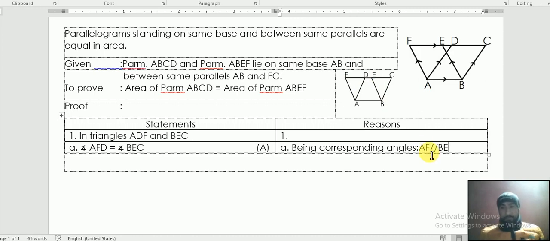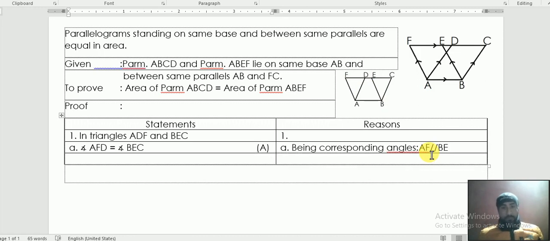Now let's move on to statement 2. Take another pair of lines, AD and BC. They are also parallel to each other, and you can find the same sort of F-shaped angle. So they are corresponding angles. Here we write angle ADF is equal to angle BCE.